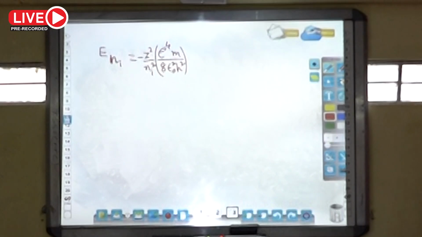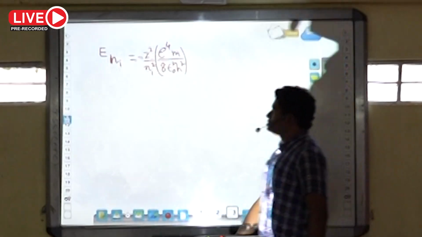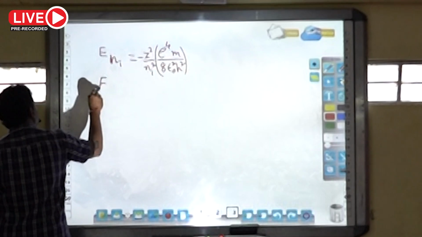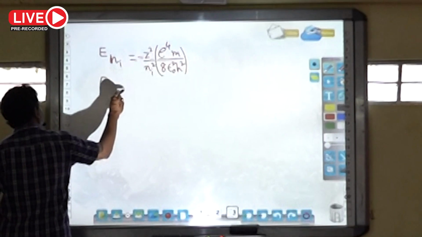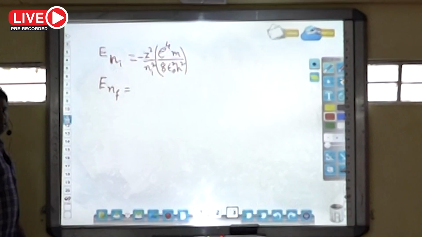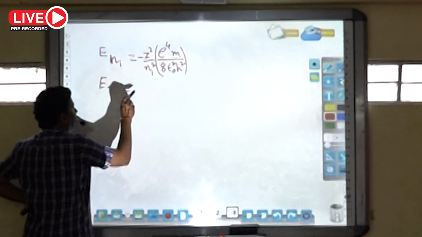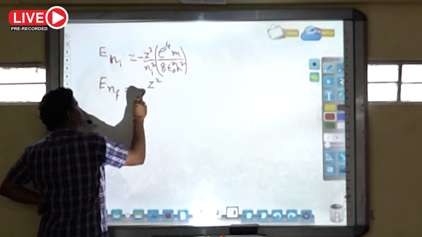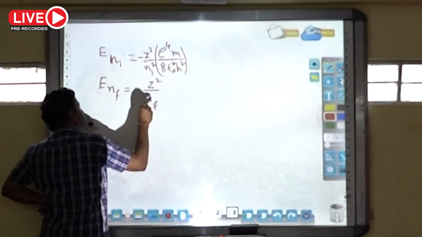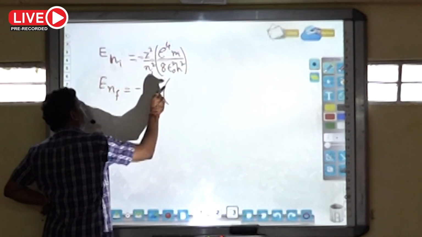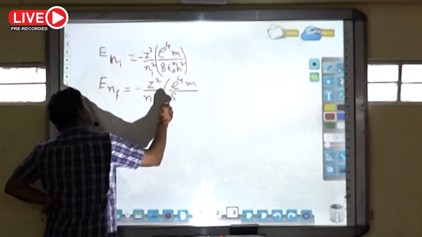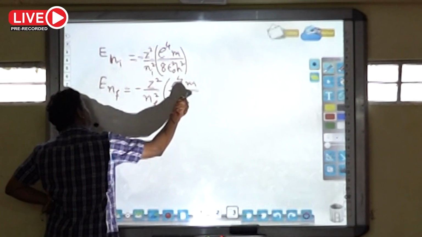Now, in another Bohr orbit, when the electron goes, this is denoted by E_Nf. So it will be minus Z square by Nf square into e to the power 4 m by 8 epsilon naught square h square.